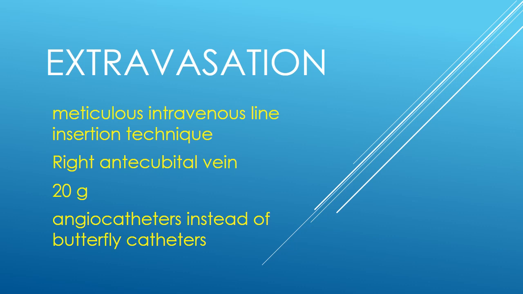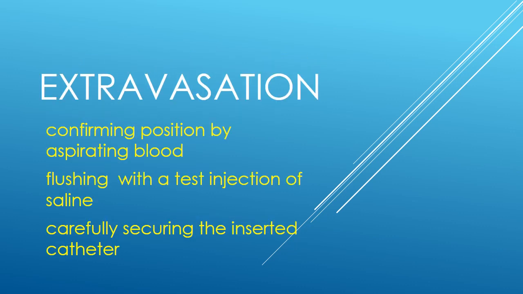You use the right antecubital vein, use a 20G caliber, and you use an angiocatheter instead of a butterfly catheter. Then you confirm the position by aspirating blood, giving a small test injection of saline and seeing that there is no extravasation with saline, and then putting some sticking tape over the angiocath so that it is carefully and properly secured.